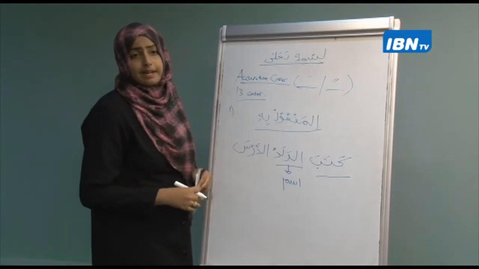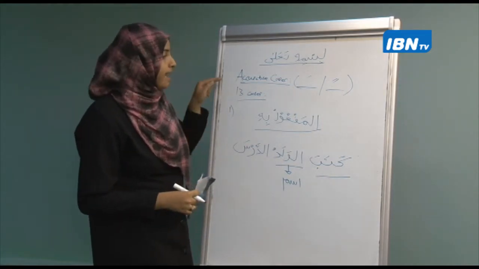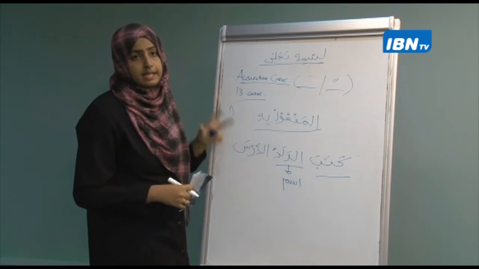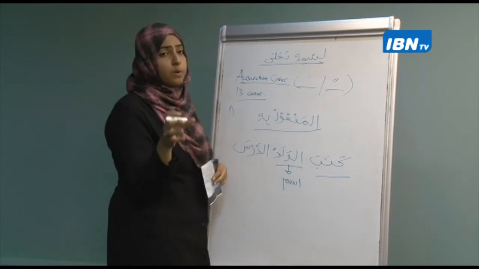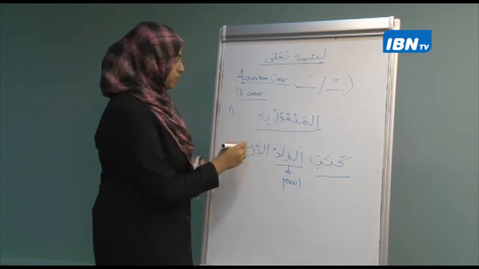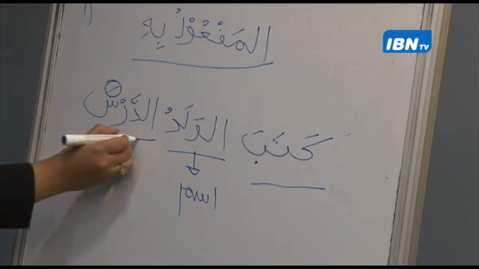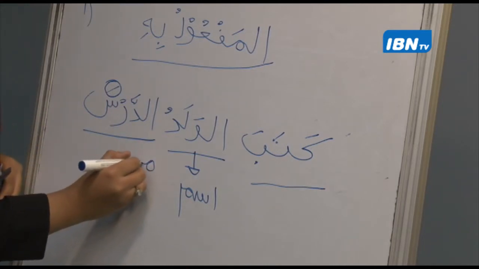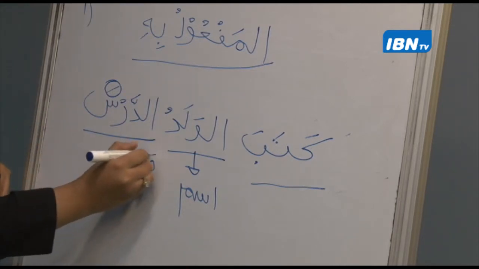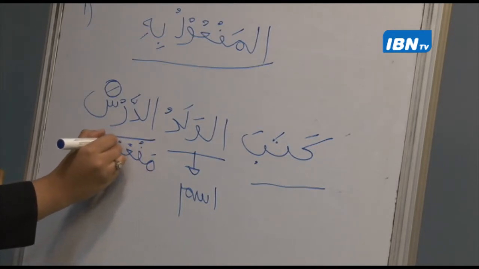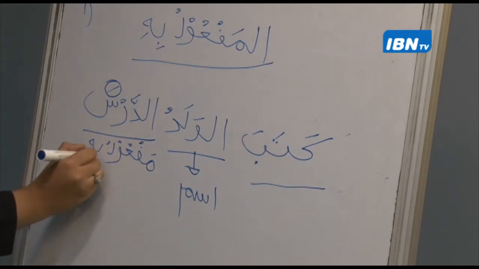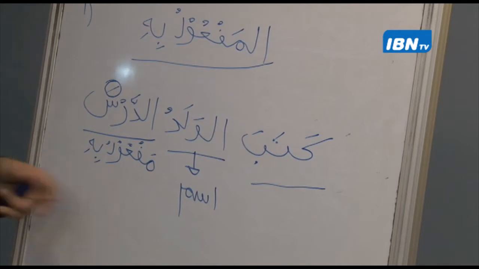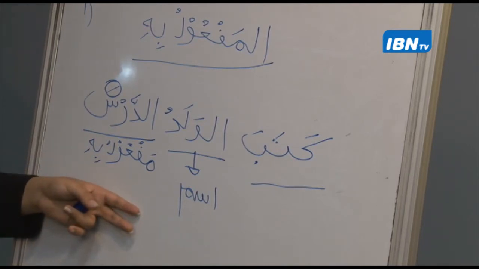But since we are discussing the accusative case, meaning the case where the word has a fatha, we are talking about ad-dars, the lesson. Ad-dars here is my maf'ulu bihi. Now, what do I mean by maf'ulu bihi?